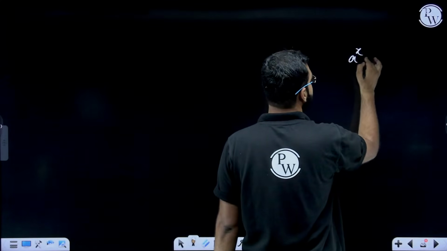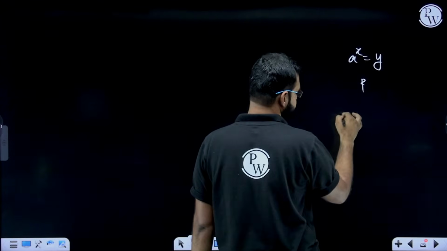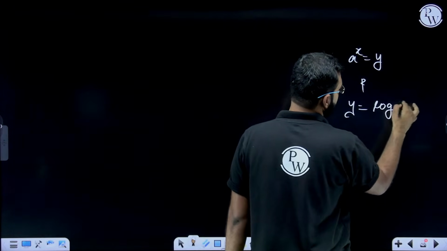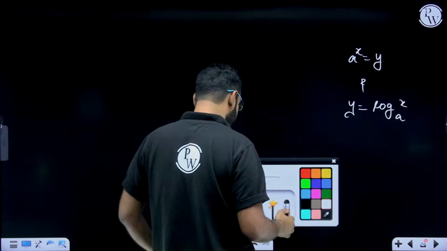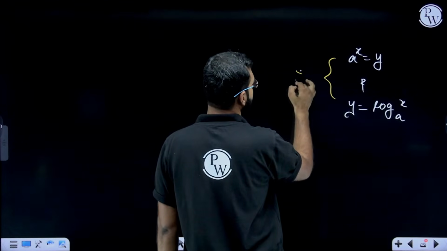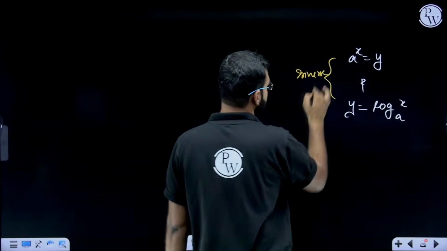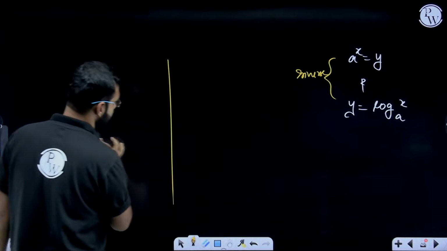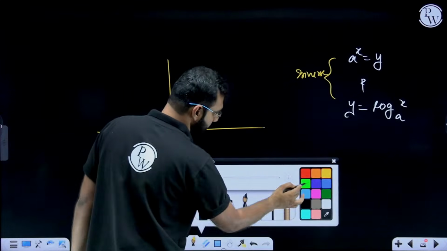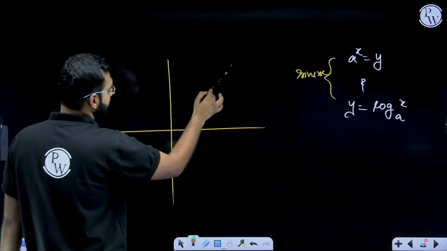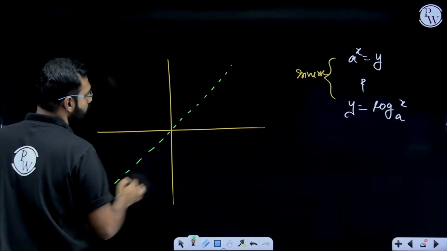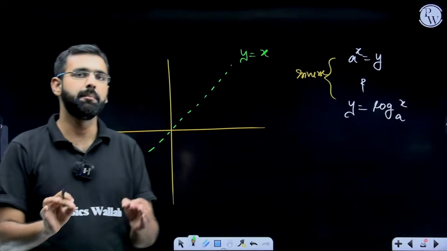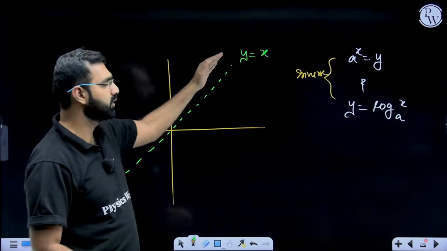If I am claiming that they are inverse of each other, then always remember that for inverse functions, what always stays true is this: if this is the y-axis and x-axis and there is a straight line y equals x, then inverse functions are nothing but mirror images of each other with respect to the line y equals x.